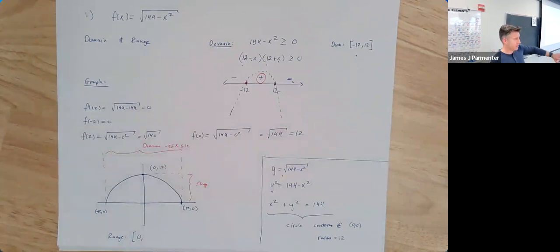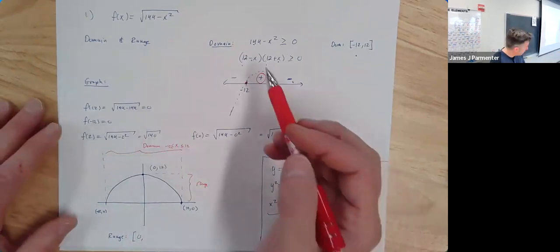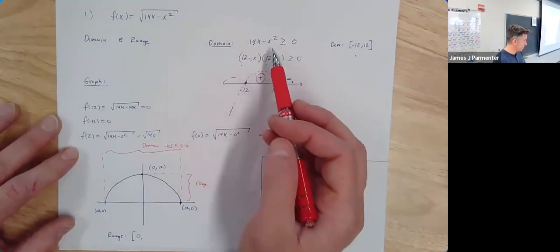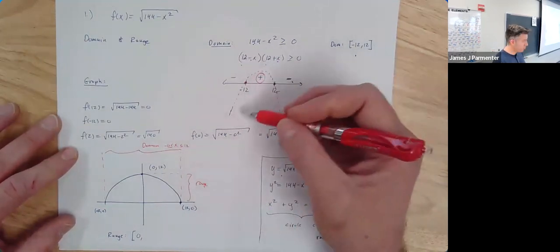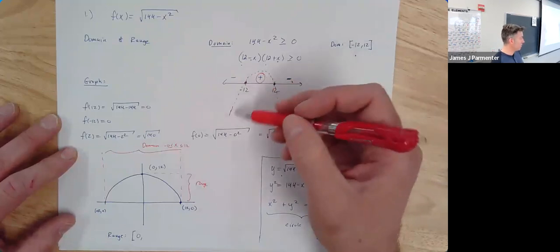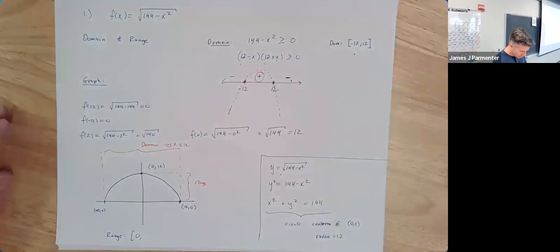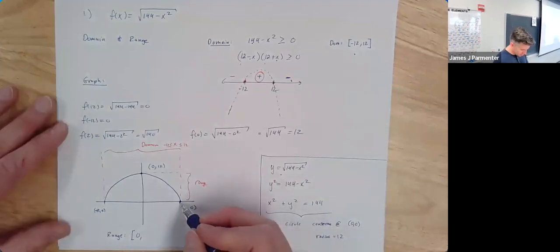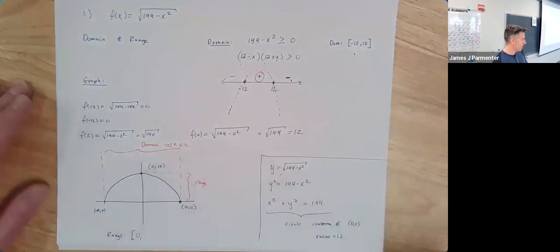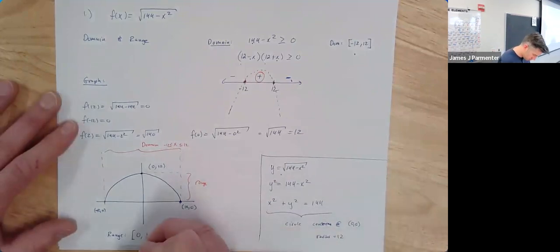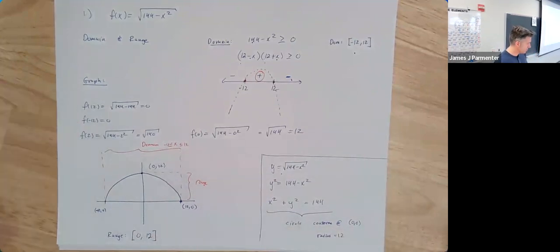I will say, just to extend that question a little bit, if we were just graphing 144 minus x squared, then you would get the whole parabola shape that does go down in that way. But I was illustrating that to show what our domain looked like. So here our range is going as low as 0 and as high as the highest y value, which is 12. There's our domain and range for this function.